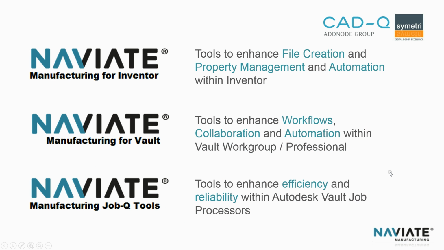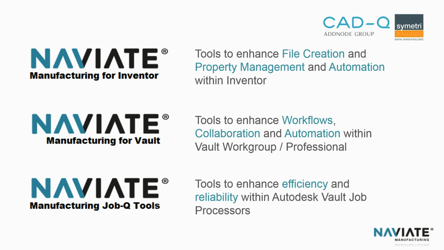So Naviate Vault is part of the Naviate family of products that we have within CADQ and Symmetry. There are two main products that we look at within the MFG area. Naviate Inventor, which is for property management, automation within Inventor, on file creation or during the design of your products.